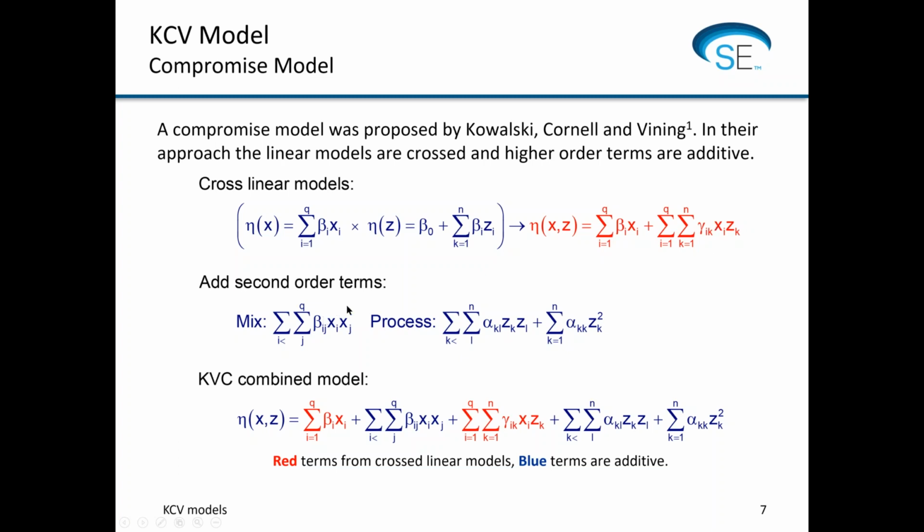Then what we're going to do is take the second order terms from the mixture and we just add those in. They don't get crossed. And the second order terms, so the two factor interactions and the squared terms from the process, you add those in. So in this KCV model, the red terms are coming from crossing the linear terms, and the blue terms are coming from adding in the second order terms.